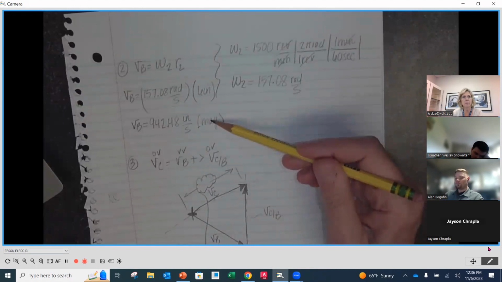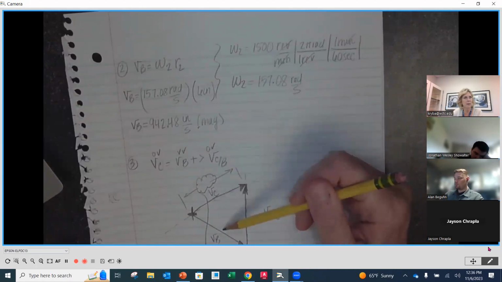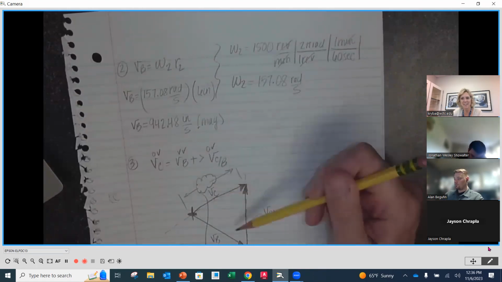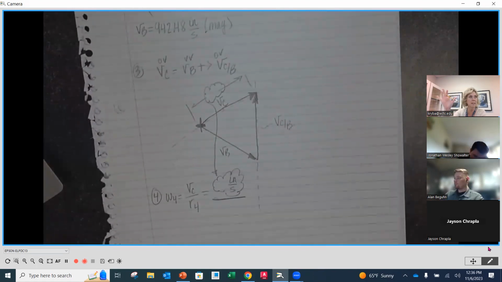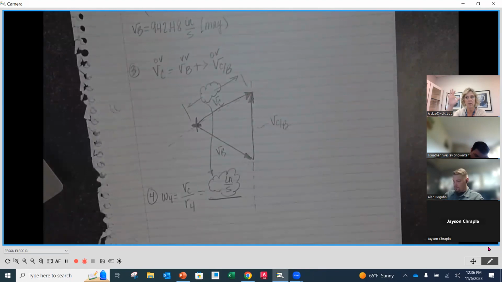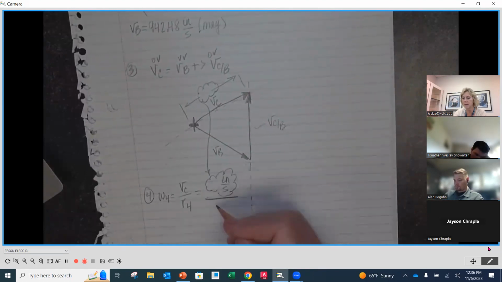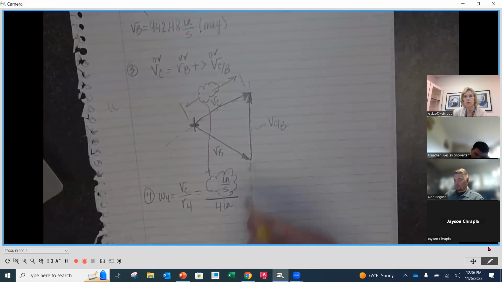Exactly. Velocity of B was in inches per second, and I used that, right? So all of these have to have the same units. So yes, that's going to be in inches per second, whatever that number is. You would get that from your CAD diagram, divided by 4 inches, which was the number we used for the length of that link.